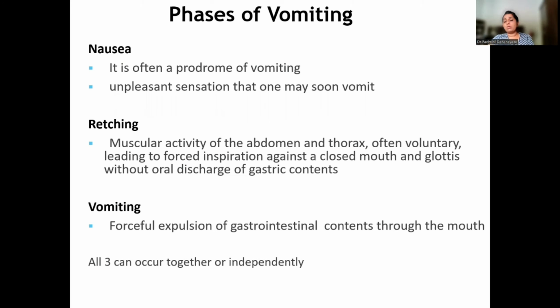All three can occur together or independently. Remember that. Somebody might have nausea only, but no retching and vomiting. Some might have no nausea, but directly vomiting. Some will not have vomiting or nausea, only retching. That means they can be totally independent, or else may occur together.